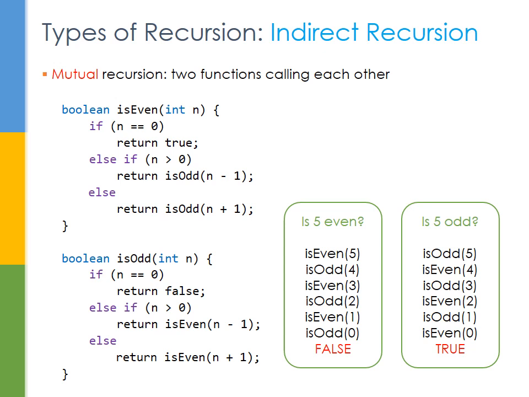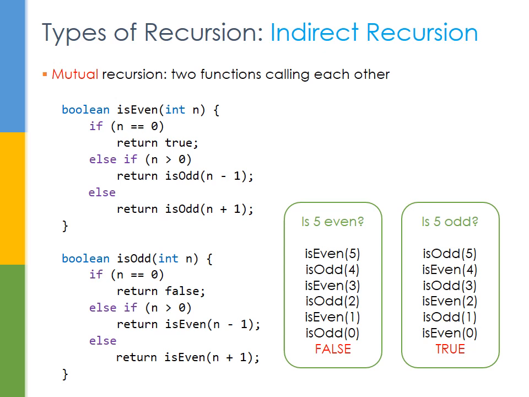So essentially what we've done is we've triggered a series of calls back and forth, but the final call is an is even check on a value of 0, and because 0 is considered an even value, that will produce a true result, which will give us the correct final answer.